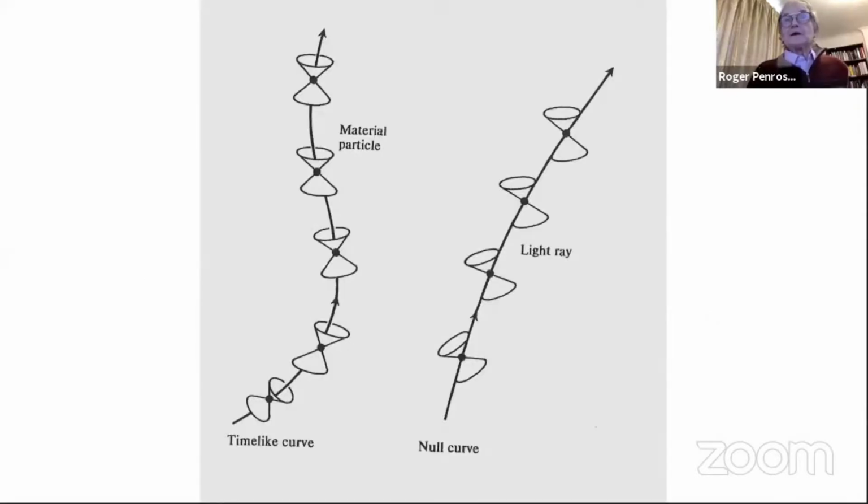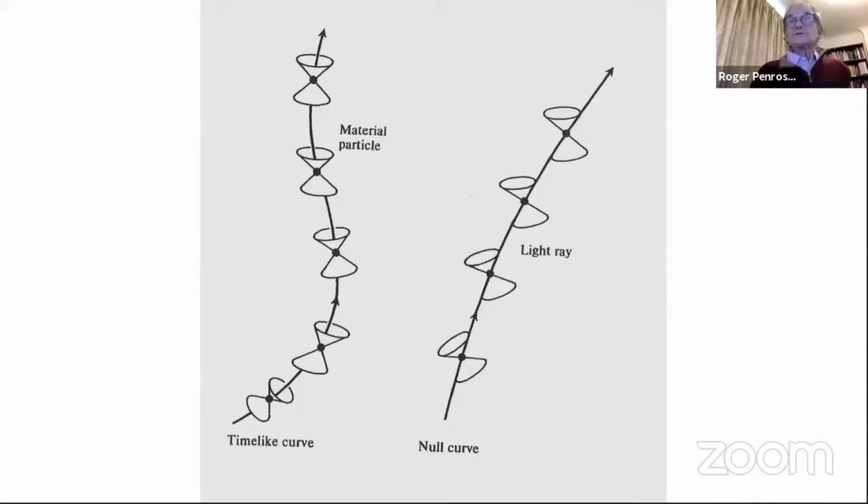And you bear in mind also that the history of a photon will be along the light rays, tangent to the cone all the time, whereas material particles, finite mass particles, will be within the cone, and so you'll have curves, not necessarily geodesics, could be time-like curves within the cones.